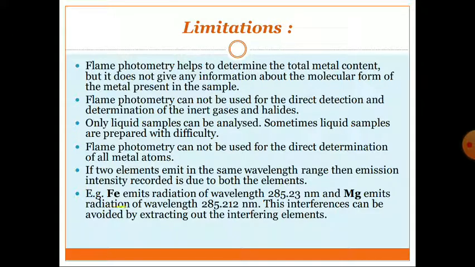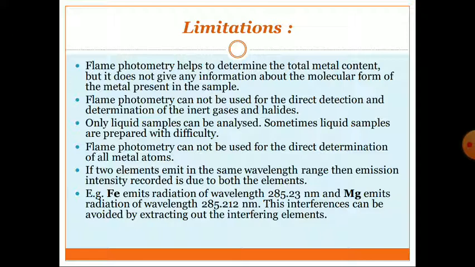Fe, that is iron, emits radiations of wavelength 285.23 nanometer and magnesium emits radiations of wavelength 285.212 nanometer. This interference can be avoided by extracting out the interfering elements. That means, suppose in the sample solution there are iron and magnesium.